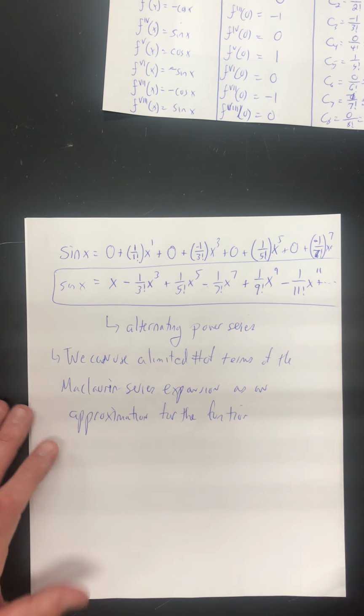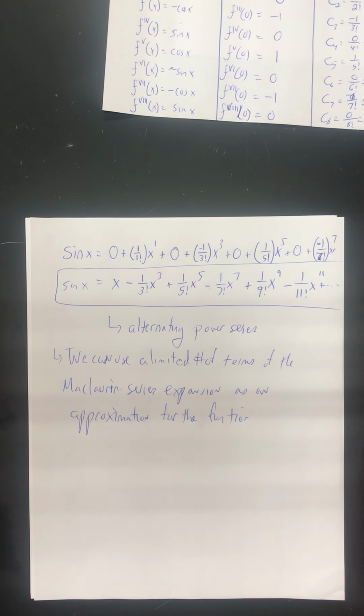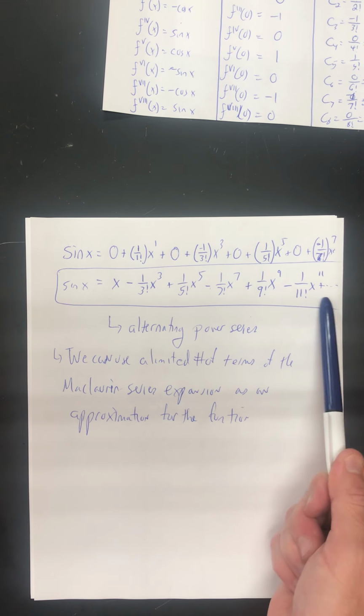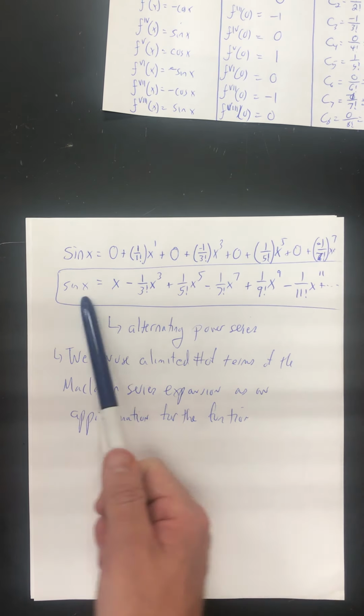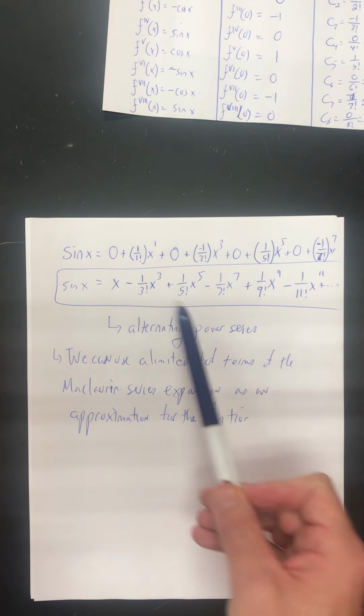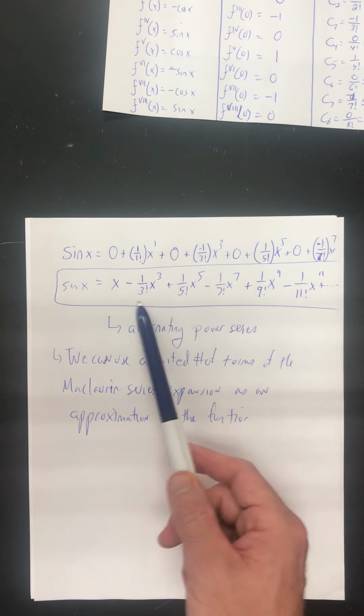Obviously, we would need the entire infinite series in order to get the exact value. But if you think about it, if I'm plugging in values like 0.1, these terms start getting vanishingly small compared to the leading terms here. It's only when the x gets fairly large that these terms start to become more significant.